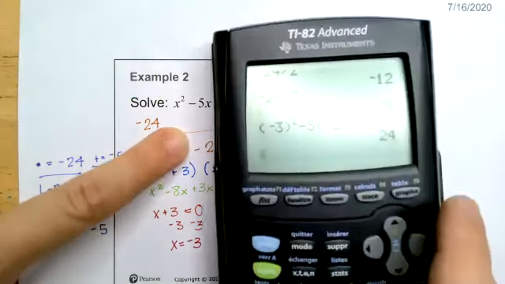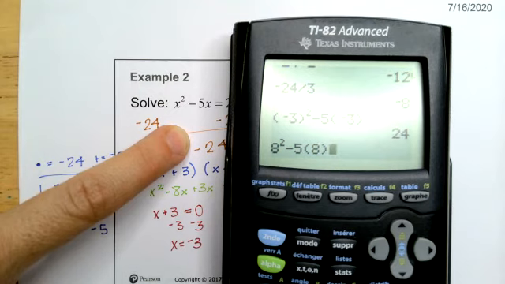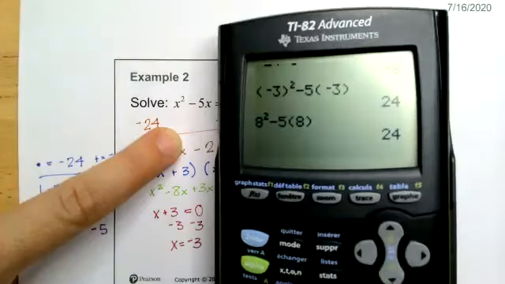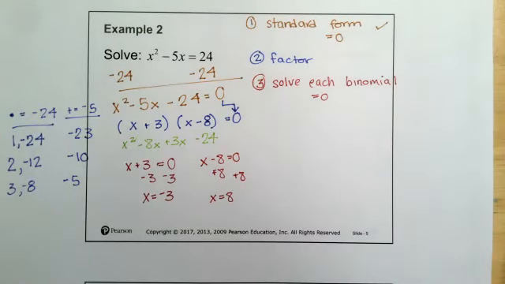And our other one was 8. So this was 8 squared minus 5 times 8 is also 24. Sorry about the glare. So you can always check your answer. Check that it's a true statement.